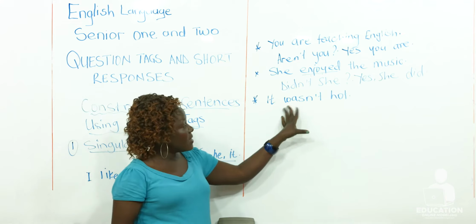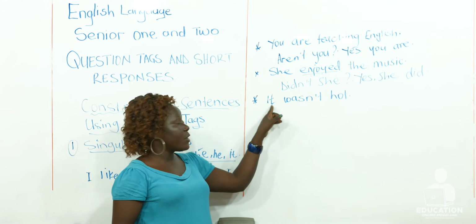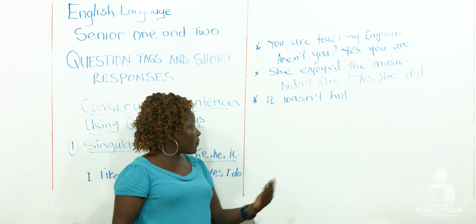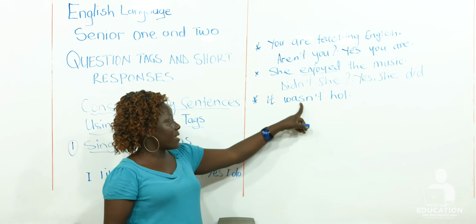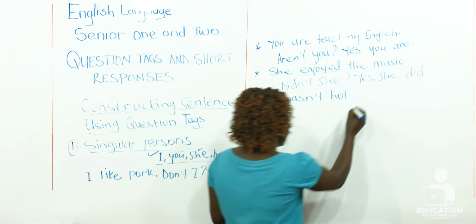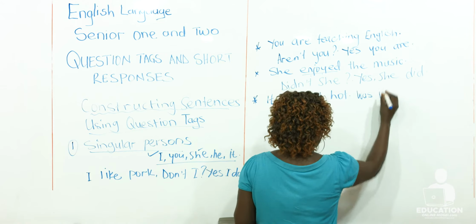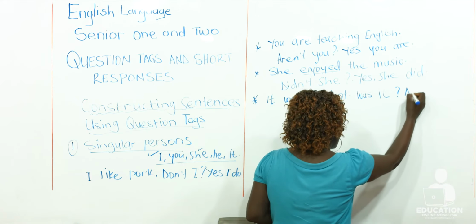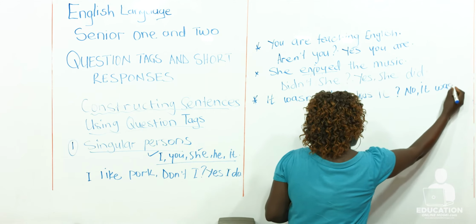Our tag is going to be a positive tag and a negative response. Observe now the rule of person here. It is under third person singular, and you will maintain the form of the tense, which is already a past of "is". Then you will put it positive by saying, "was it?" Then you will confirm here by saying, "No, it wasn't."